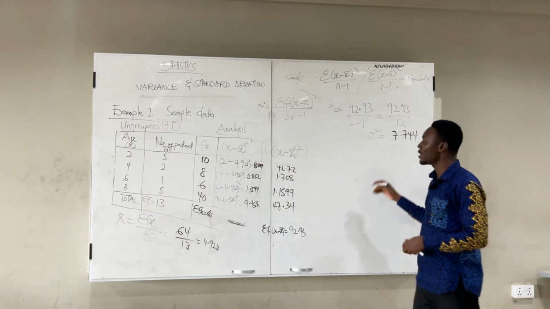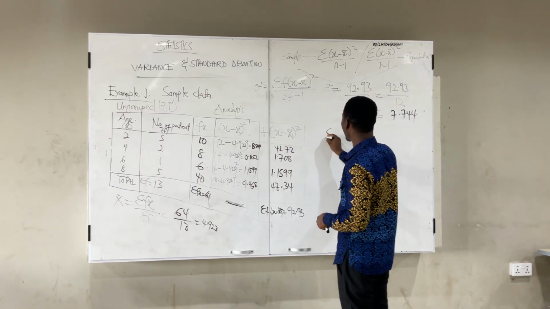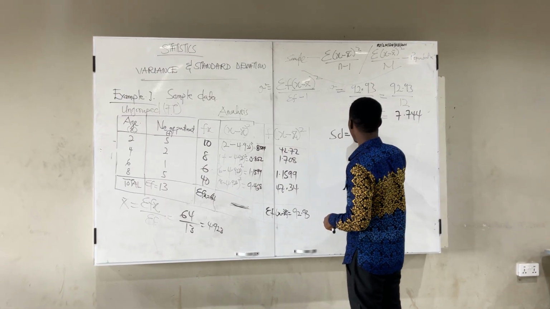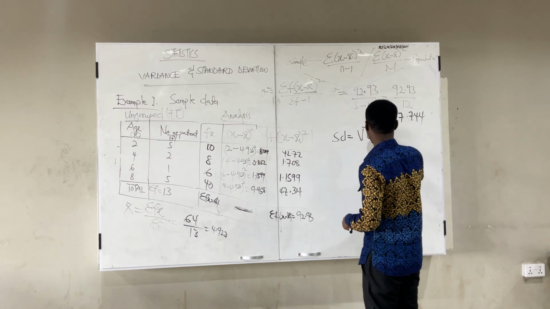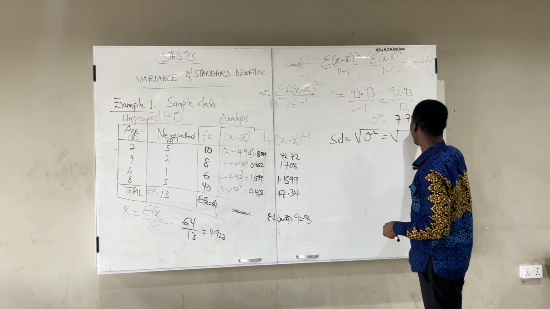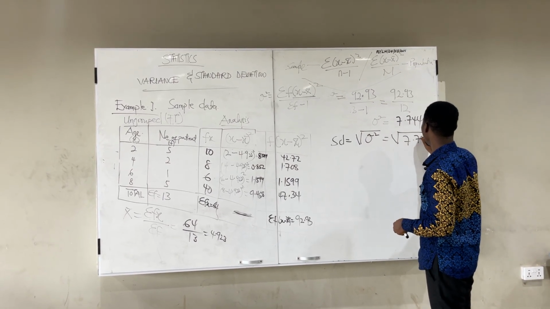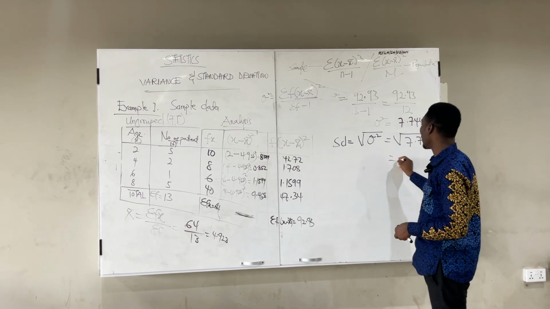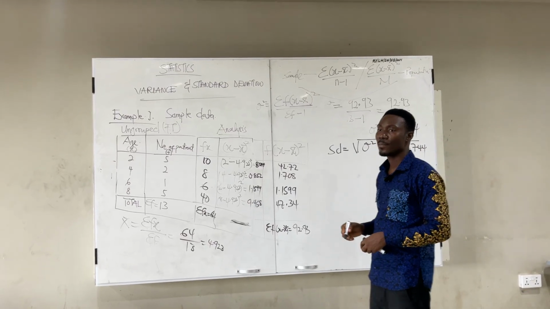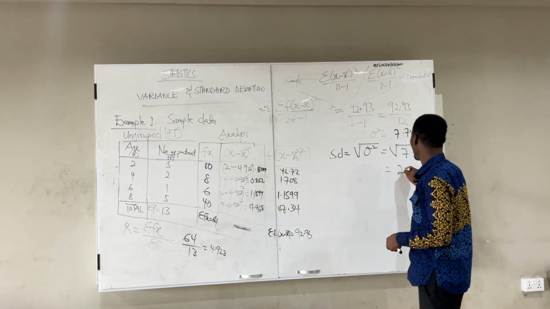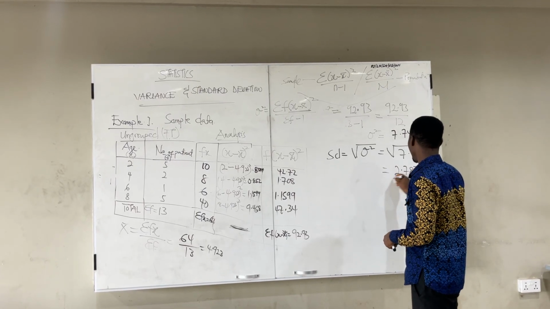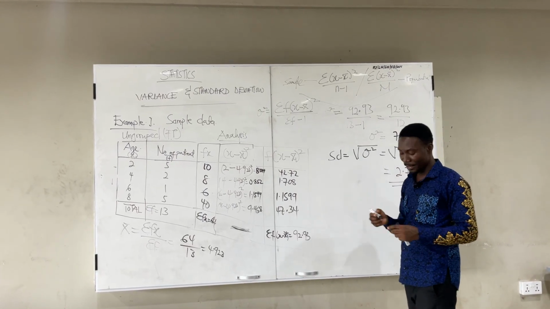After you've gotten the variance, if you want to calculate the standard deviation, it is equal to the square root of the variance. So that's the square root of 7.744, and that will give us 2.783.